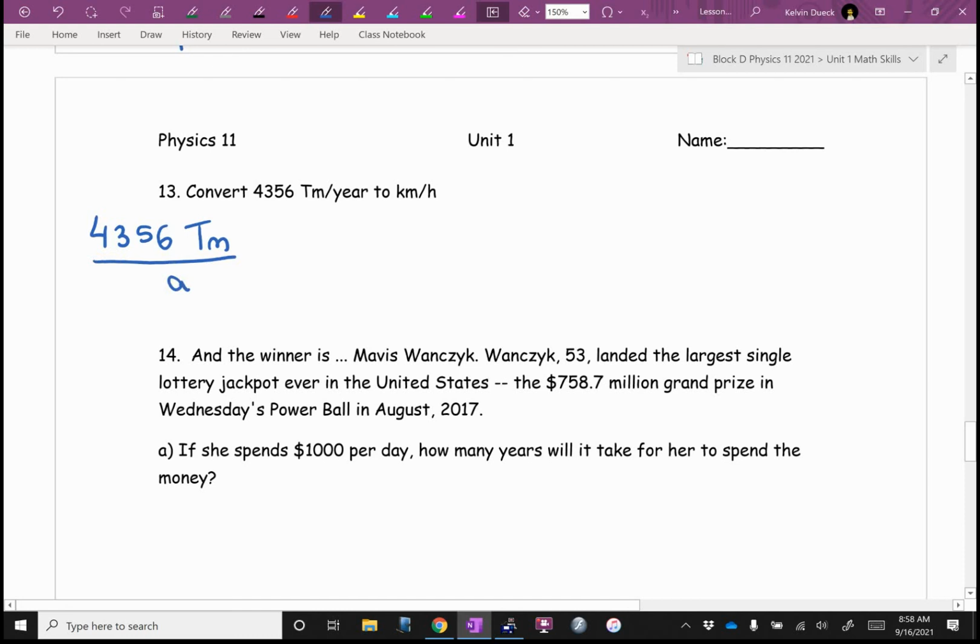And remember, we said yesterday the abbreviation for year is an A for annually, not a Y, that's taken by yards. Dumb American system. Is tera 10 to the 12th? Yes.